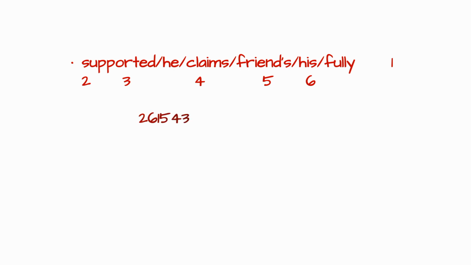Yeah, the right answer is 216543. What is 2? He. 6 fully. He fully, 1 supported. He fully supported 5. 1, 2, 3, 4. He fully supported his friends' claims.